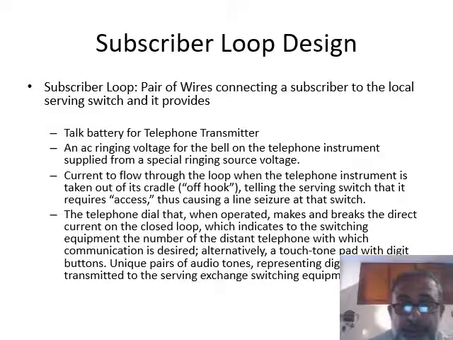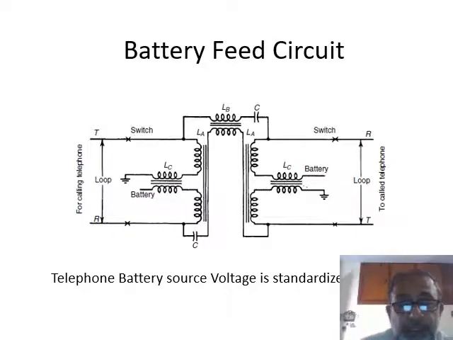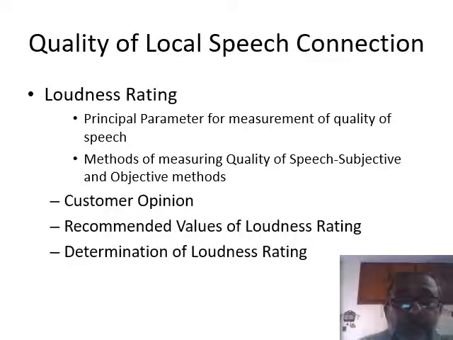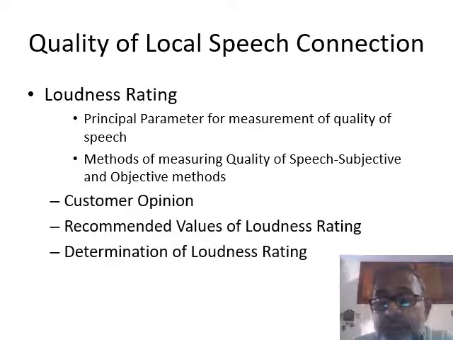Now let's move forward. Here we have the telephone battery source voltage, where the voltage is standardized to minus 48 volts. The circuit is given. How do we know whether the quality of the local speech connection is good or not? It is given by the loudness rating.